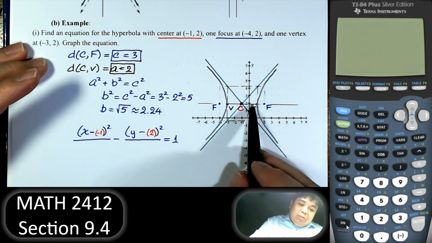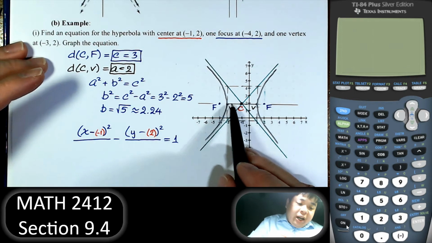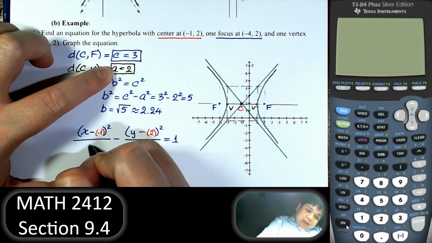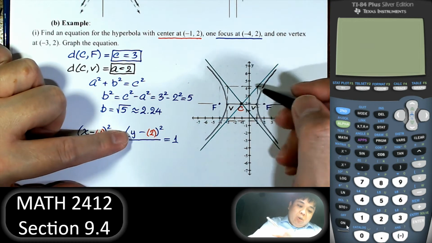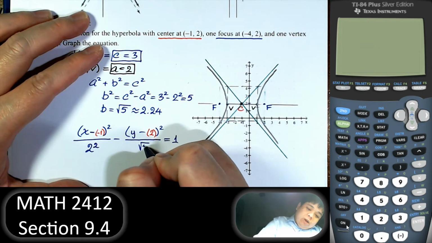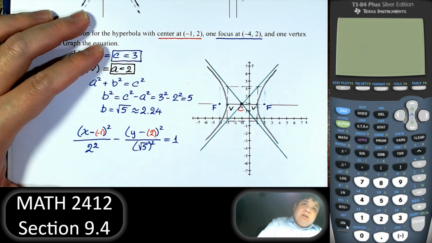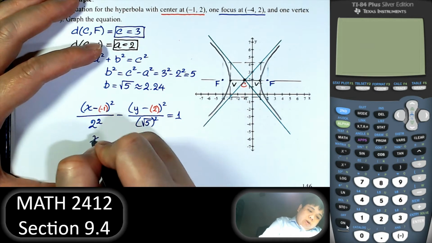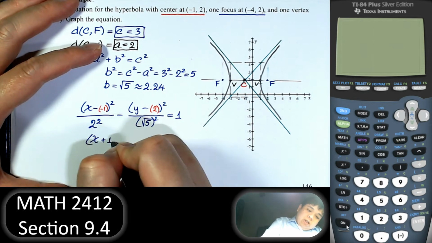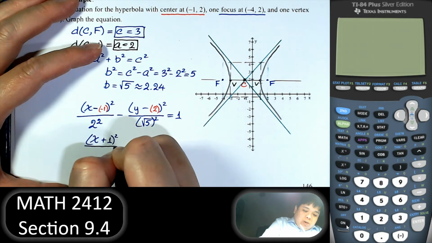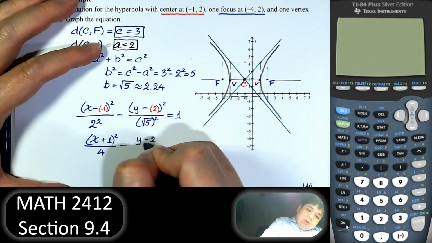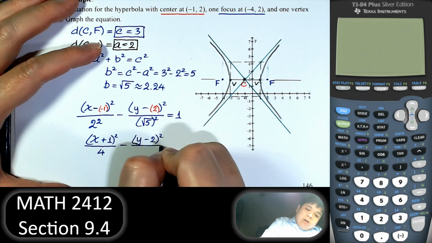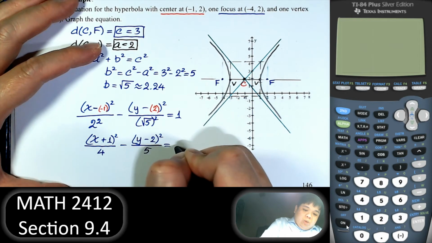And now the horizontal distance, we go left and right 2 units, and go up and down, so below the y goes square root of 5 squared. So we have (x plus 1) squared over 4 minus (y minus 2) squared over 5 equal to 1.